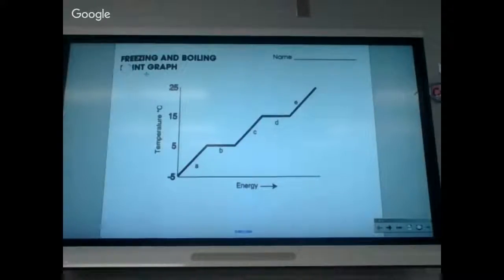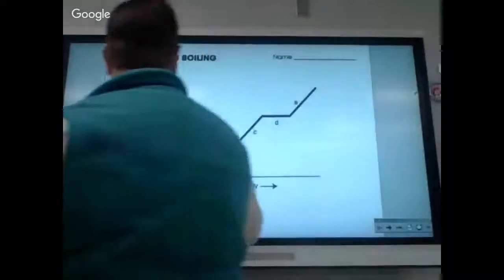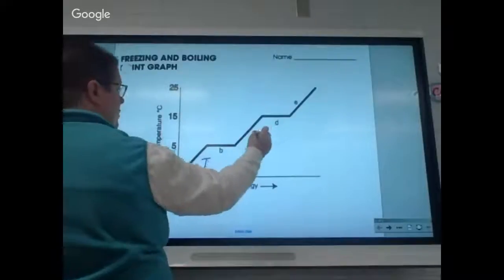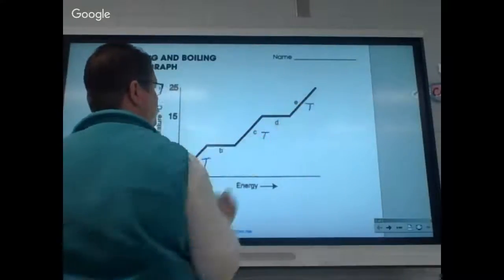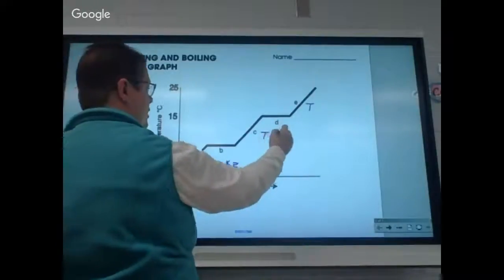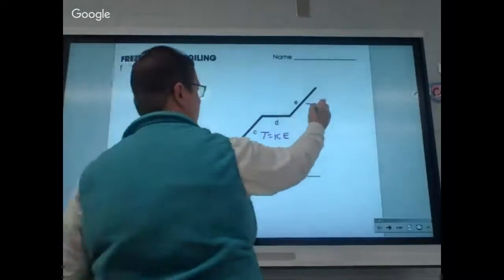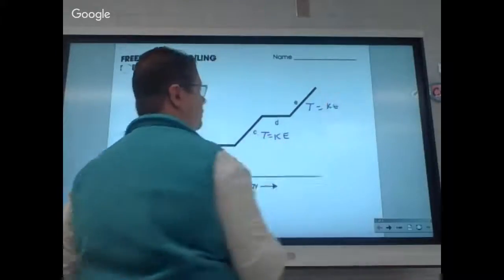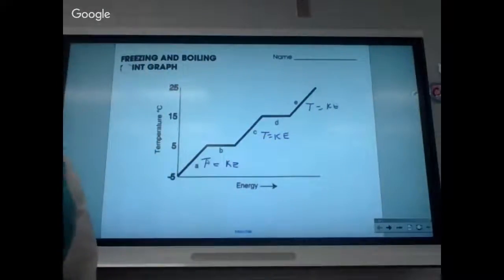So temperature is changing in A, C, and E. That's why kinetic energy changes in A, C, and E. Temperature causes the kinetic energy to change in these 3 places.